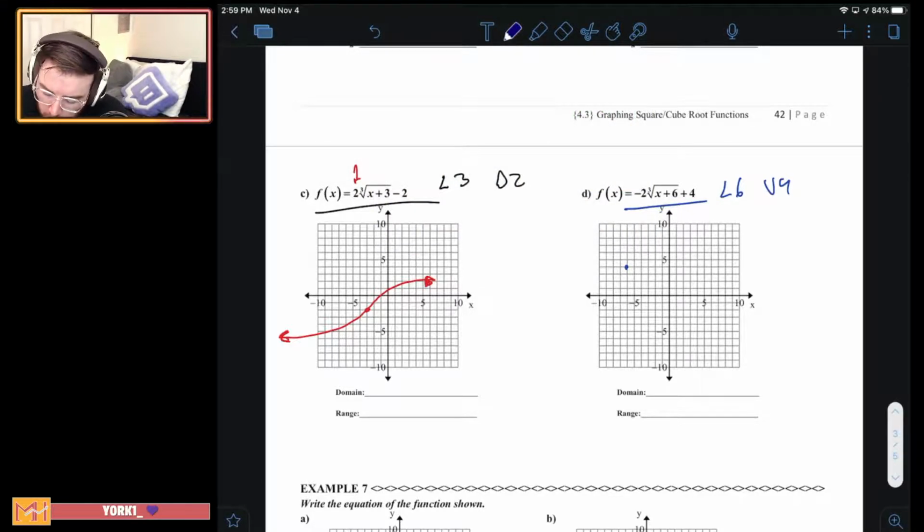So, we've been reflected. So usually it goes like this, but we've been reflected, so it's going to go like this, okay? Not only that, it's been stretched, so my humps are a little bigger than usual. So how about something like that, right?